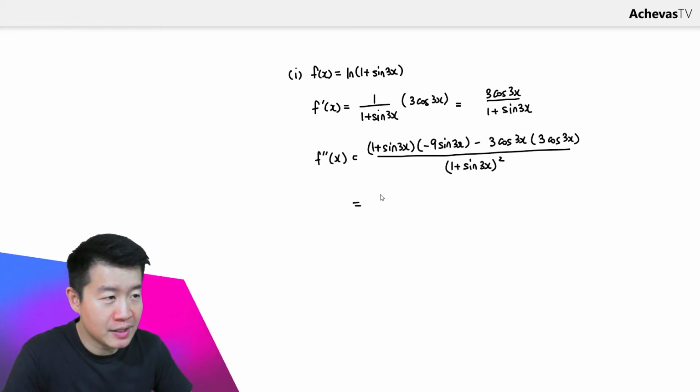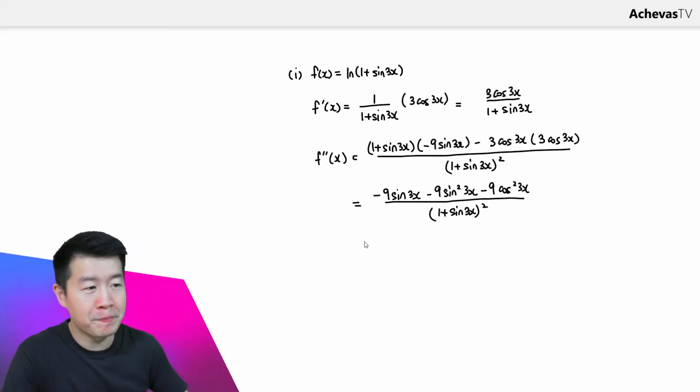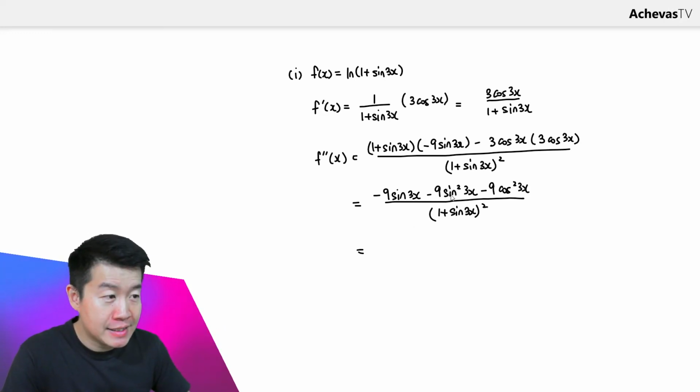Let's do a quick simplification to the numerator. This times this gives us a minus 9 sine 3x. This and this is minus 9 sine squared 3x. This gives minus 9 cosine squared 3x. And this is divided by (1 plus sine 3x) squared. We can actually do a quick simplification to this also.